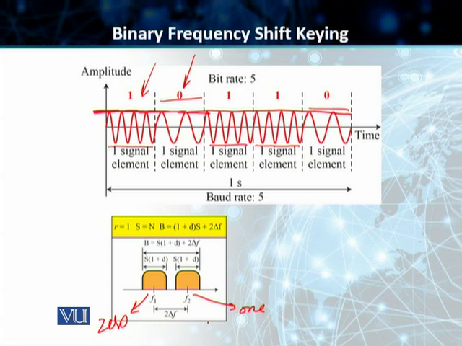Therefore, students, the difference between the frequencies is 2 delta F. And students, in this case, the bandwidth is equal to (1 + d) × S + 2 delta F.